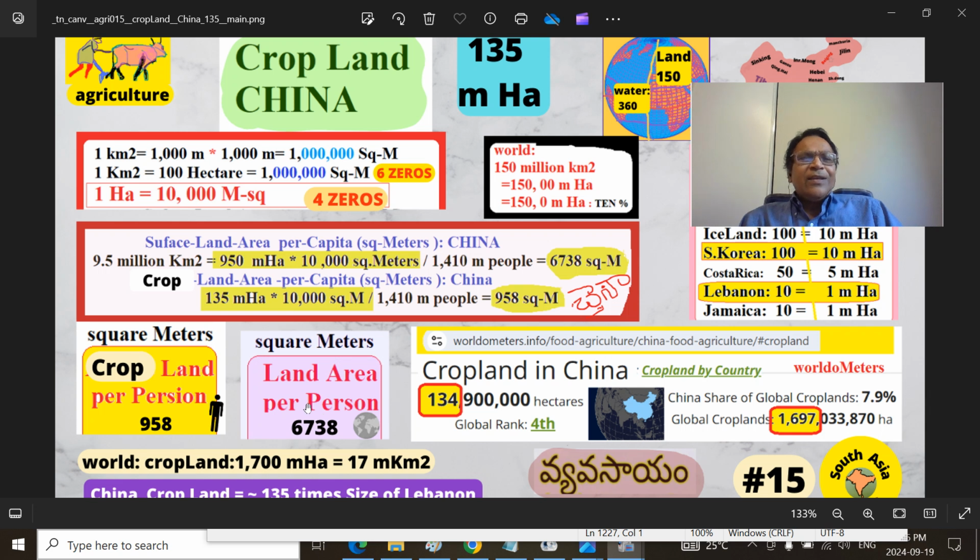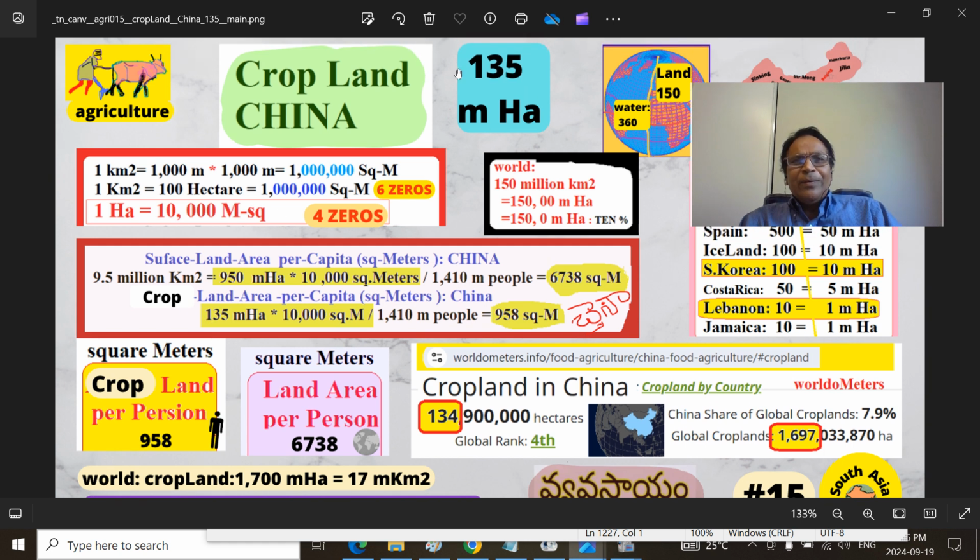The same thing we are following for cropland. China has 135 million hectares of cropland. We have given 135 million hectares here. Remember, 1 hectare has four zeros next to it if you convert into square meters.